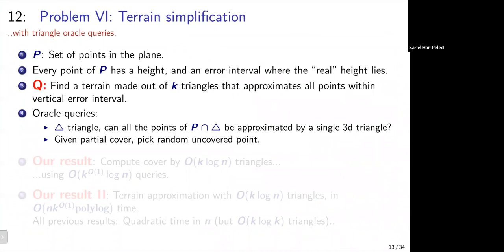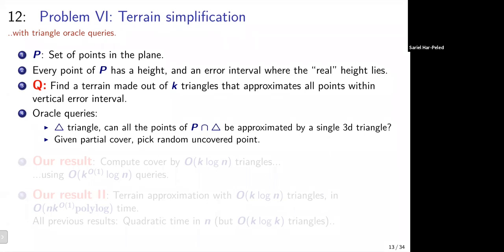And you can also ask the same problem about terrain simplification. So I give you a set of points in the plane. Every point has an interval in the z-axis where it might lie. Think about it as the points really being sampled from some underlying terrain, and you would like to approximate this terrain by a simple terrain that has k triangles.